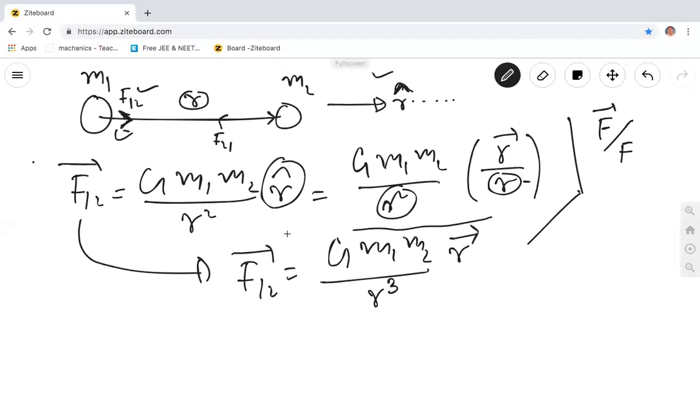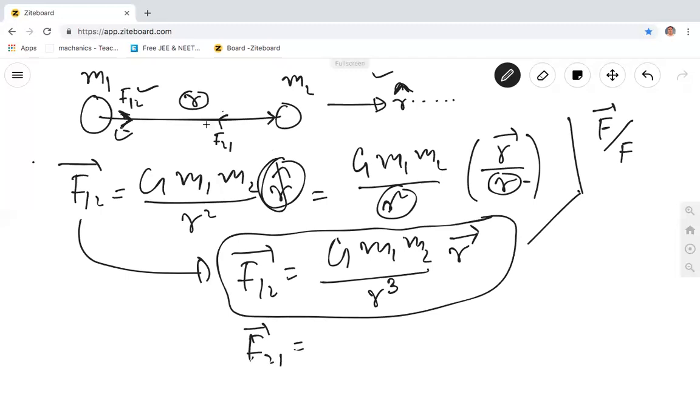This is one more form of Newton's law. If you want to put it in vector form, if it is R square in the denominator, then it is the r unit vector here. If it is r cube in the denominator, then it's the r vector here, because a unit vector is just written as vector r by its magnitude r. Okay? Right. What is F21?